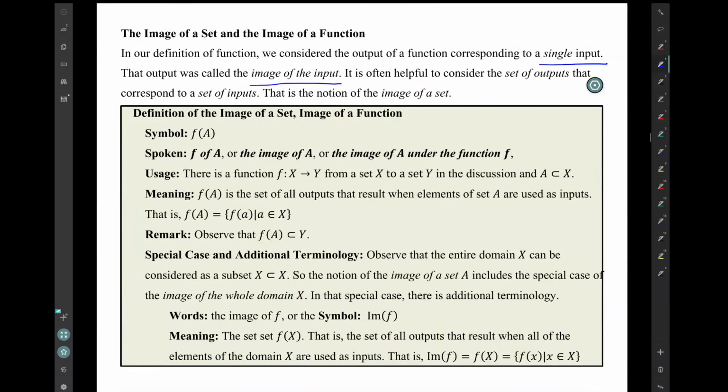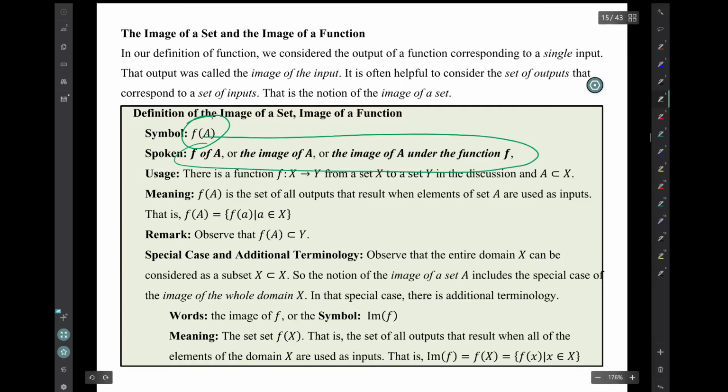It's often helpful to consider the set of outputs that correspond to a whole set of inputs. That's the notion of what's called the image of a set. So this symbol, little f parentheses capital A, spoken f of A, or the image of A, or the image of A under the function f. Notice those are the same words we used earlier.